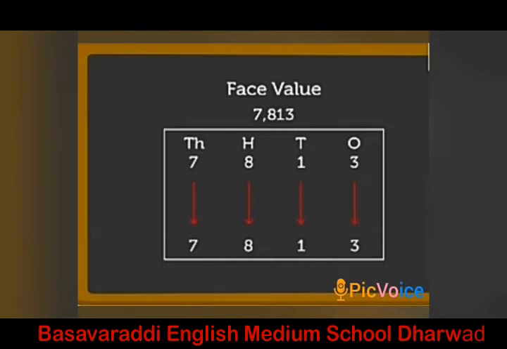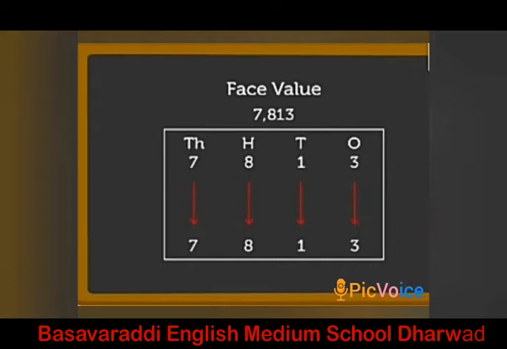As you already know, the digit 7 is in the thousand place, 8 is in the hundred place, 1 is in the tens place and 3 is in the ones place. But now here it is face value. The place value means 7 is in the thousand place, 8 in the hundred place, 1 in the tens place and 3 in the ones place. But the face value of a digit is the same as the digit itself, irrespective of where it comes.